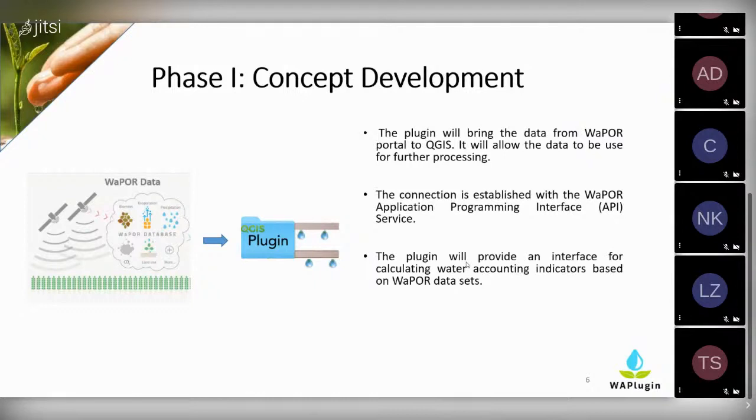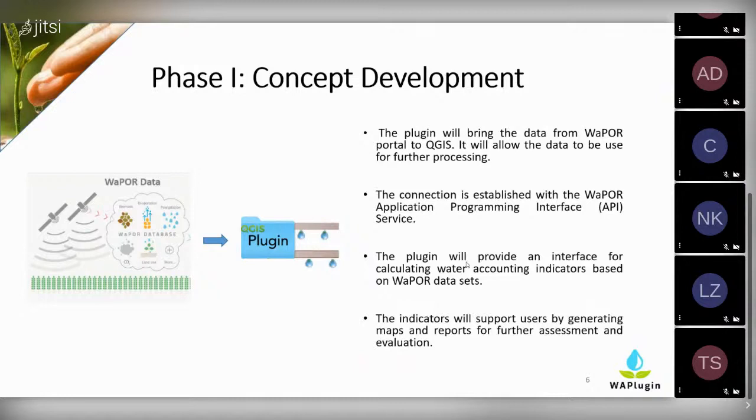The plugin will provide an interface for calculating water accounting indicators based on WaPOR datasets. And the indicators will support users by generating maps and reports for further assessment and evaluation. So up to this point was phase 1 of the WaPOR Hackathon.